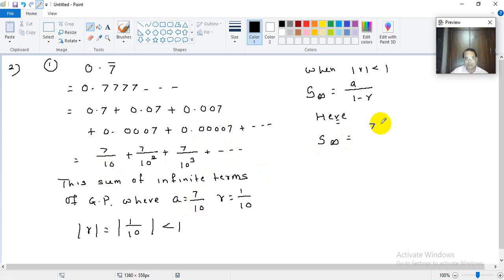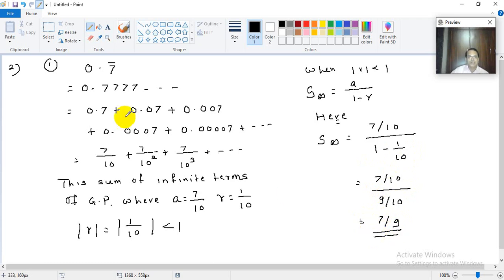So it is 7 upon 10 divided by 1 minus R. R is 1 by 10, so 1 minus 1 by 10. So when you do this calculation, it is 7 upon 10 divided by (10 minus 1) upon 10, that is 9 upon 10. So 10 will get cancelled and you will get 7 upon 9 as the final answer. So this 0.7 bar you can represent as a rational number and it is equal to 7 upon 9. So this is the application of geometric progression.